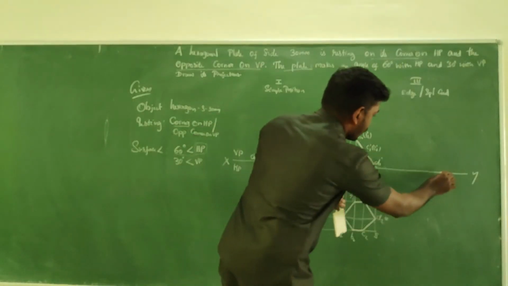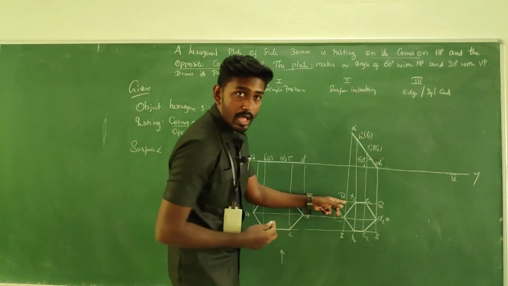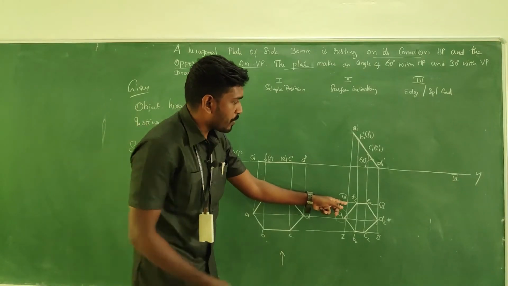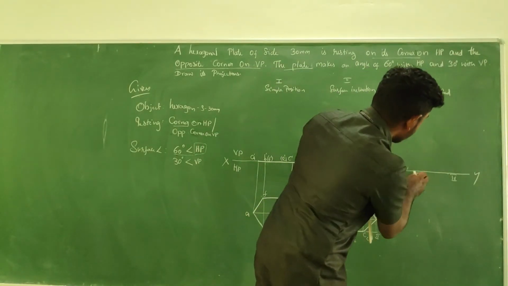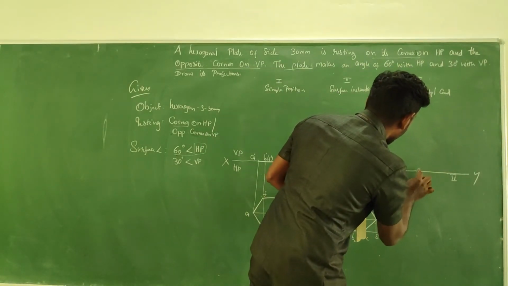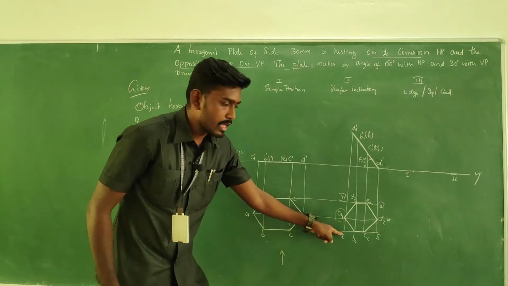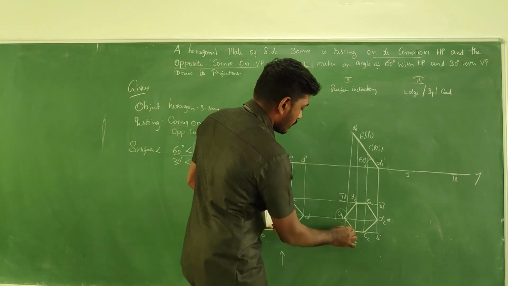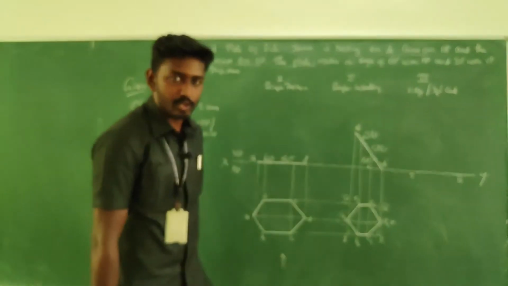So I'm going to take this fourth point here. After completing it, you will get an idea how I have done it. So this is the fourth point, and afterwards take the measurement 4 to 1. What is the measurement? Try to convey it. So this will be your first point. We know all the adjacent sides of this rectangle will be 90 degrees to each other.